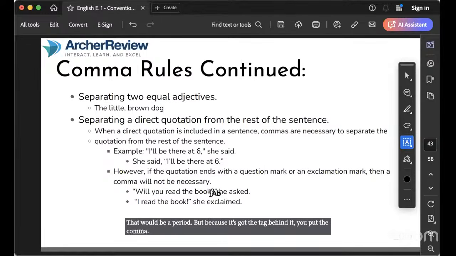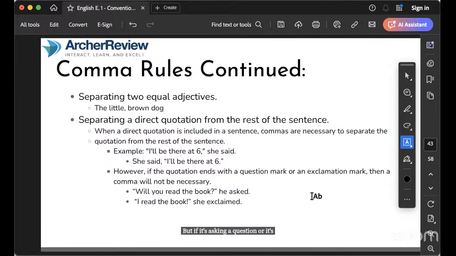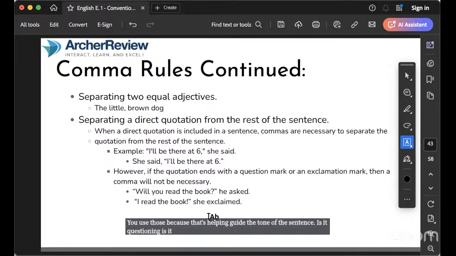But if it's asking a question or it's got that exclamation mark, you use those because that's helping guide the tone of the sentence. Is it questioning? Is it exclamatory? So that overrides the comma, but you still include the tag and you still do not capitalize it because it's still technically attached to that quotation there.